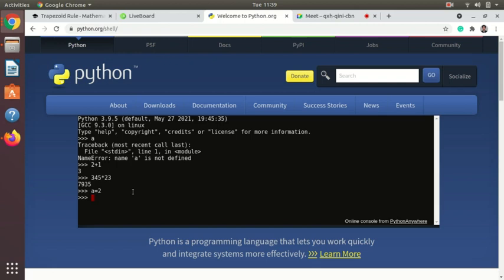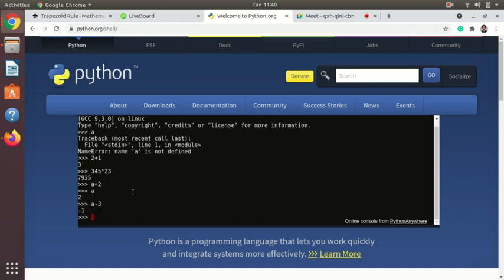We are not operating anything. Equal to is just assignment. So it is assigning the value 2 to A. Then if I again execute the program for A, it will give me the answer 2. So now the value 2 is stored in A. And I can use this also, A minus 3, let's say, and it will give minus 1.